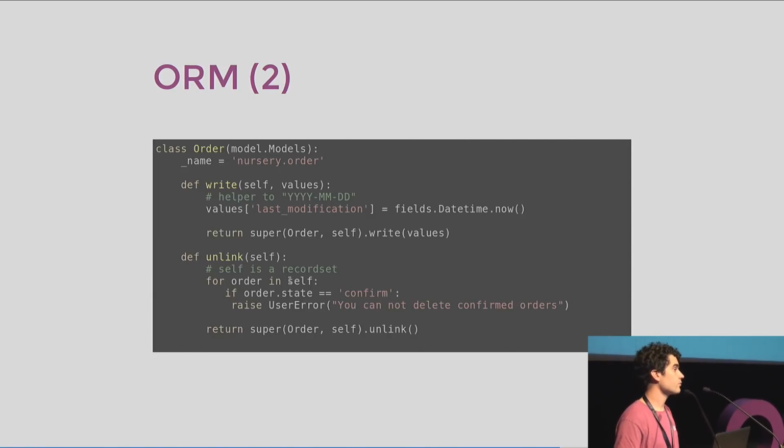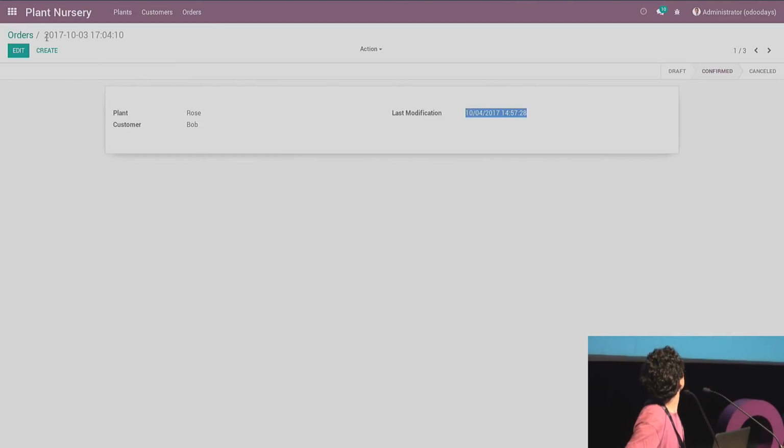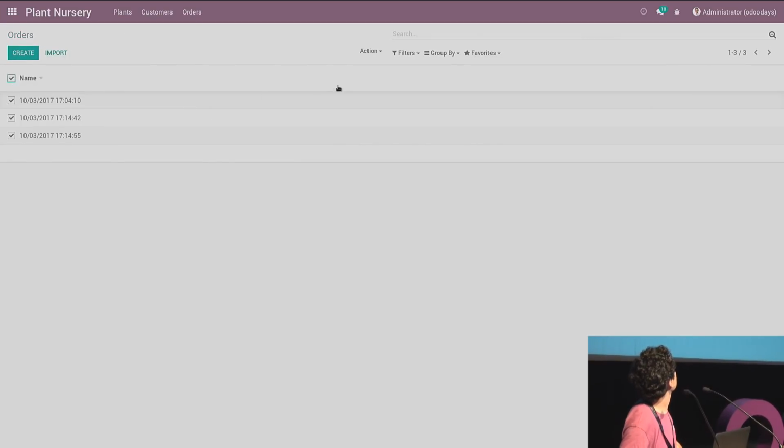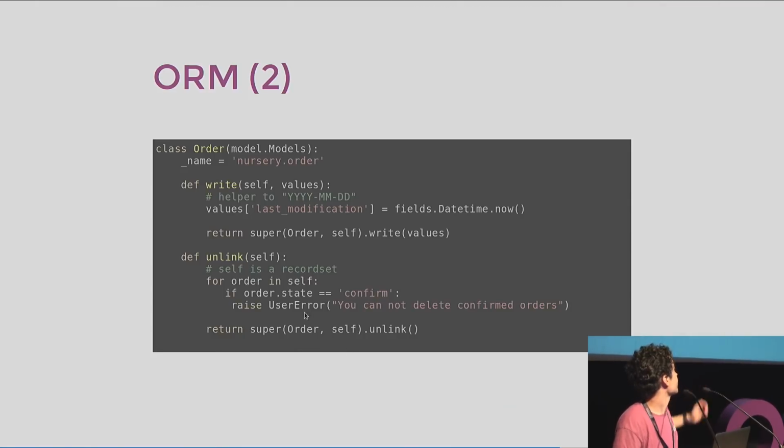So if I try to delete a record, I can either try to delete one, but I can also try to delete multiple of them. So in my example here, self can contain one or multiple records. For this reason, every time I am accessing the content of a record, I need to iterate on it.